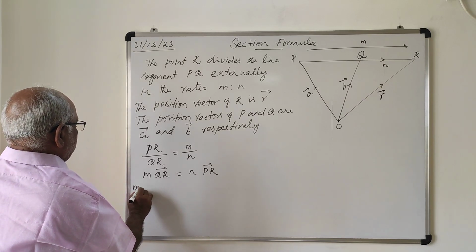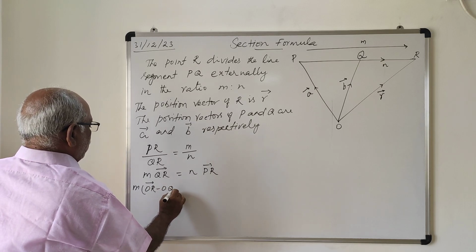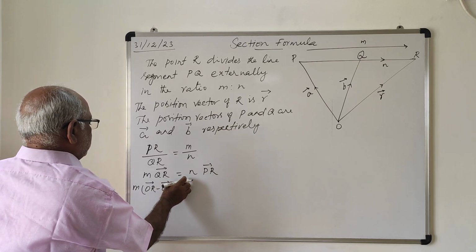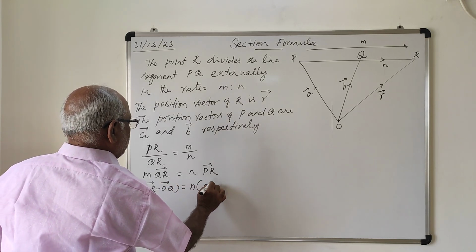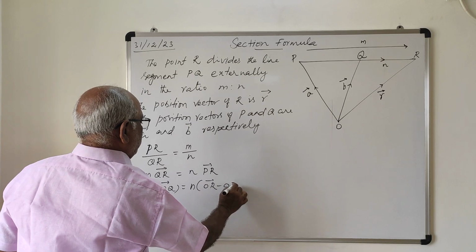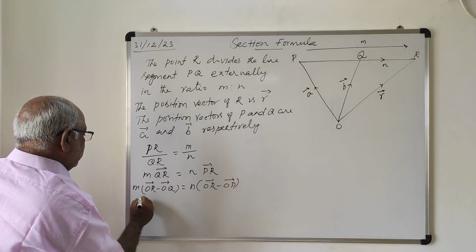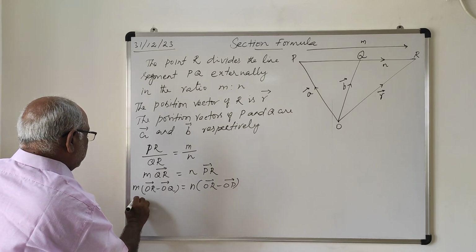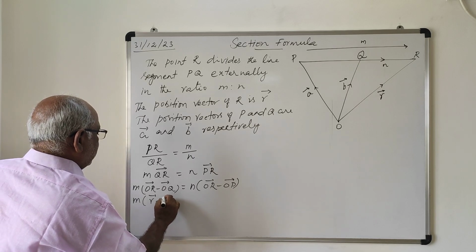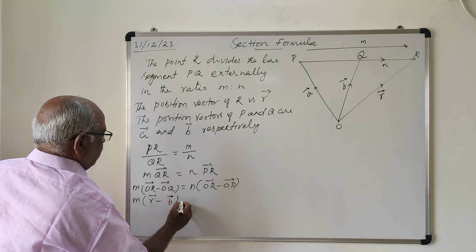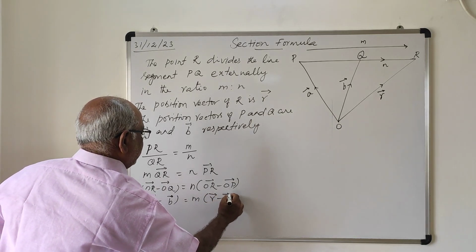So you know that QR is OR minus OQ, which is equal to n into PR, which is also OR minus OP. The position of OP is A and position of OQ is B and the position of OR is r. So this is m into r vector minus OQ is b vector equal to n into r vector minus OP is a vector.